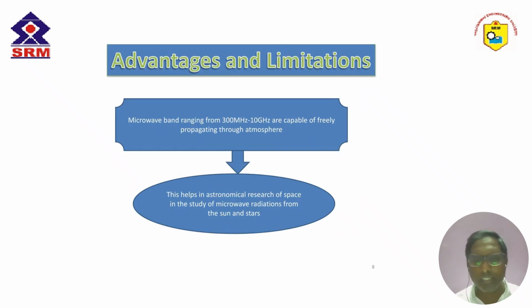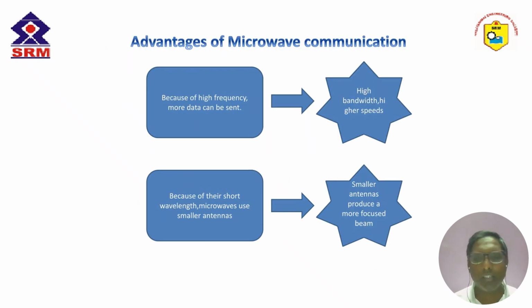The advantages and limitations of microwaves. As I already said, the microwave band range from 300 MHz to 10 GHz is capable of freely propagating through the atmosphere. This helps in astronomical research of space and in the study of microwave radiation from the sun and stars. The next advantage of microwave communication is high bandwidth and higher speed, because of high frequency, more data can be sent.